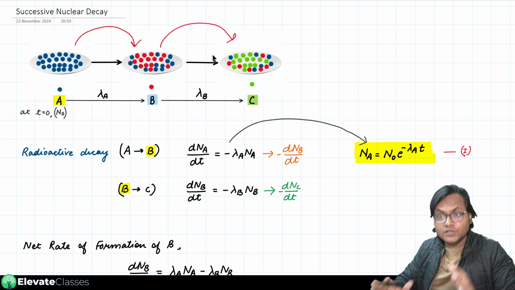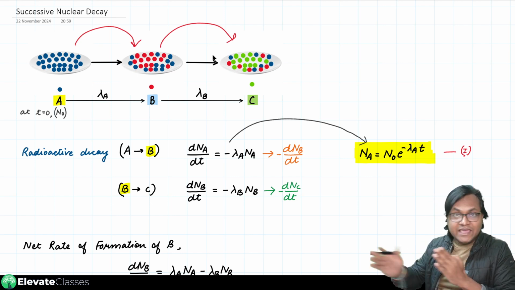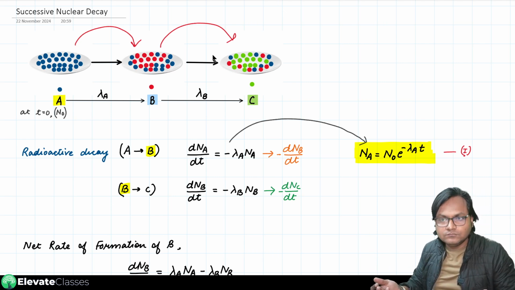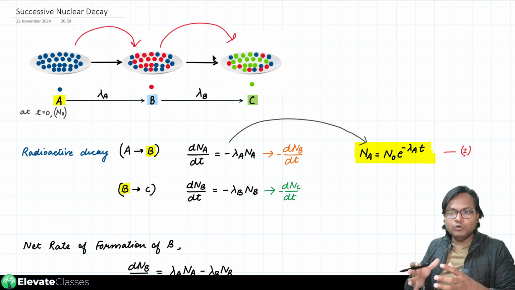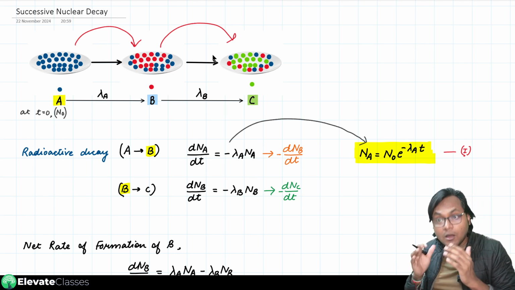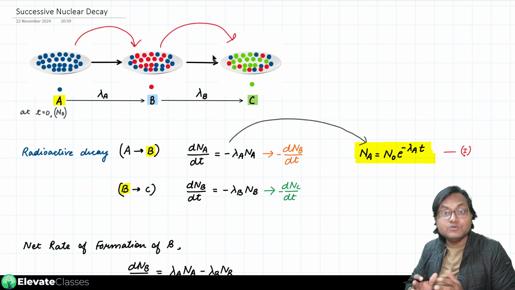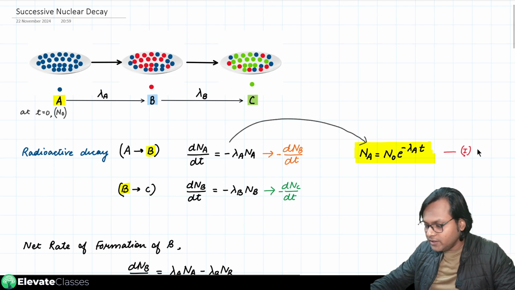So what if the rate at which it is being formed and the rate at which it is decaying are exactly equal? In that kind of a situation, the number of intermediate nuclei will remain constant, right? So that is called a secular equilibrium.